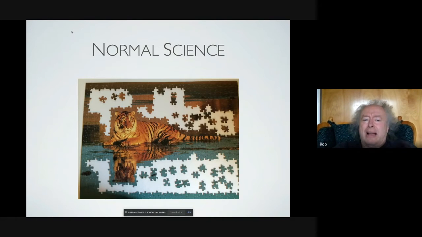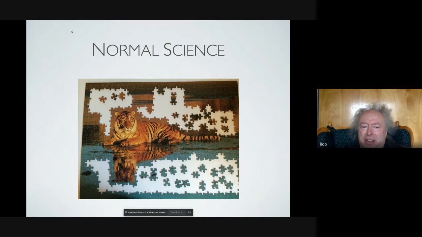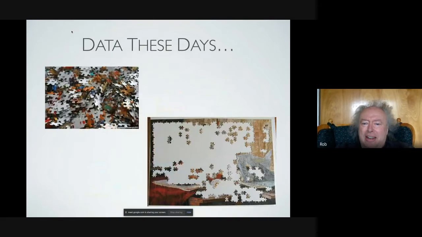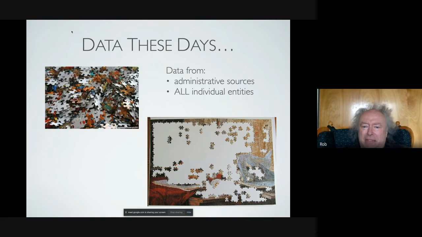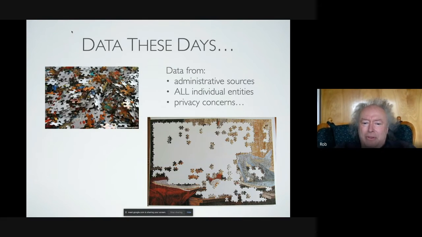Okay, so from the point of view of data, I've got here a picture of a tiger, and we normally think we understand the thing that we're looking at, that we're studying, and we just add little bits and pieces to it. We add a little bit here and a little bit there, and we get a better picture of the tiger. I'm going to argue today that this is really not what we face in the current environment. That is, we really have data from all these different sources, data potentially on every individual thing, with the usual privacy concerns, and we don't really understand the basics.